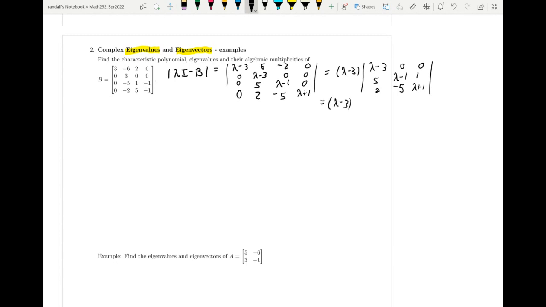I'll expand across the first row now. So lambda minus 3, and then the 2 by 2 submatrix, the determinant of that is this one, 1, lambda plus 1.